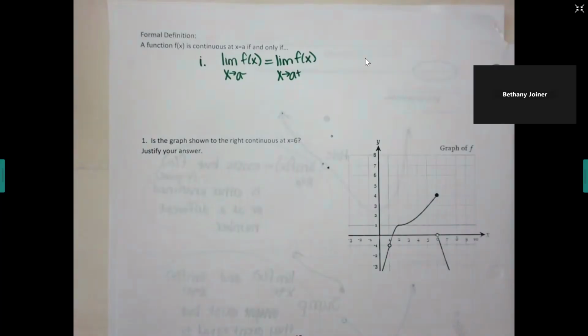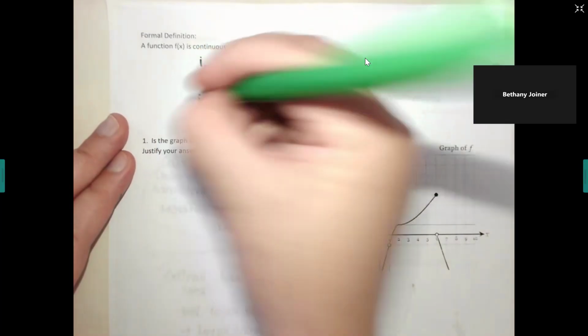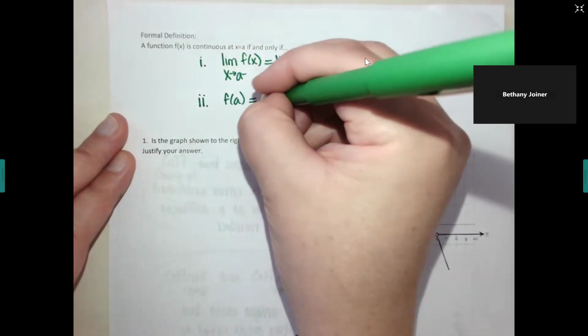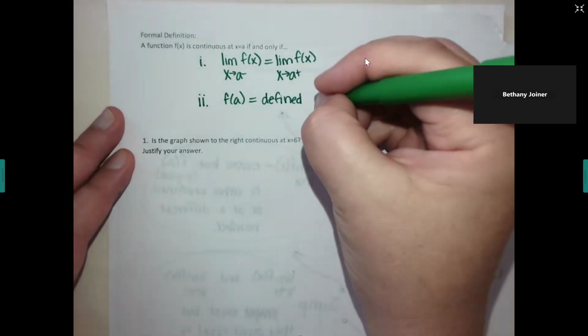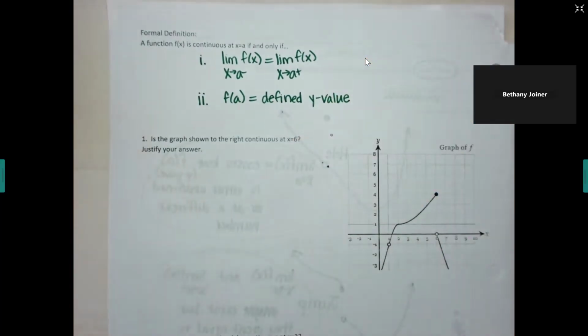Step number 2 is that you have to have a y value. Now remember that when you are searching for a y value, what kind of dot has to be there? It has to be a solid or closed dot. Open dots don't count if you're looking for a y value.